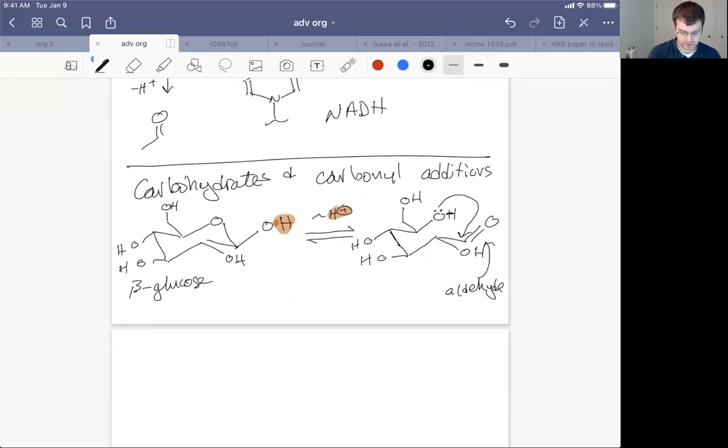It just so happens that they exist in equilibrium along with the formation of a product where instead of having the alcohol where the OH is highlighted in red, instead of having that pointed up or equatorial, we could have it pointed down or axial. And the only reason why that one can move either equatorial or axial is because of the equilibrium with the open form aldehyde.